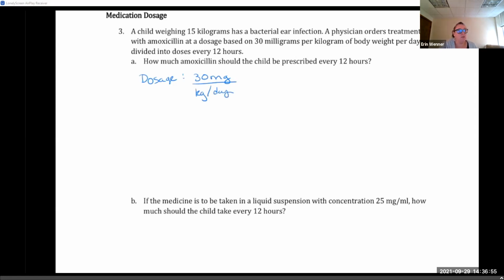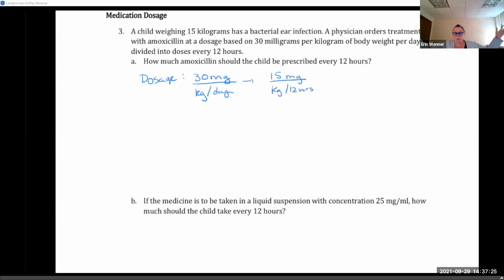And we're dividing the dose into 12 hours. So how many doses are we giving in a day? 2 doses, right? So that means we're going to take 30 and divide it by 2, giving us 15 milligrams per kilogram per 12 hours.